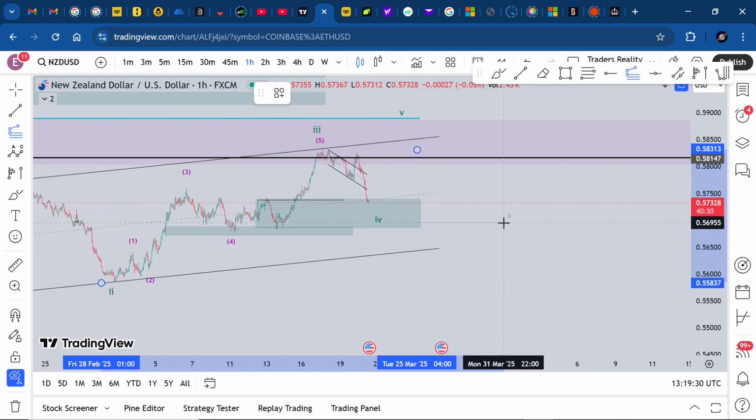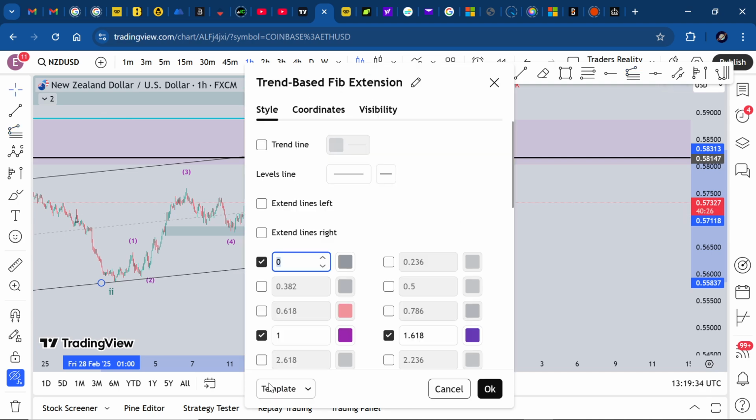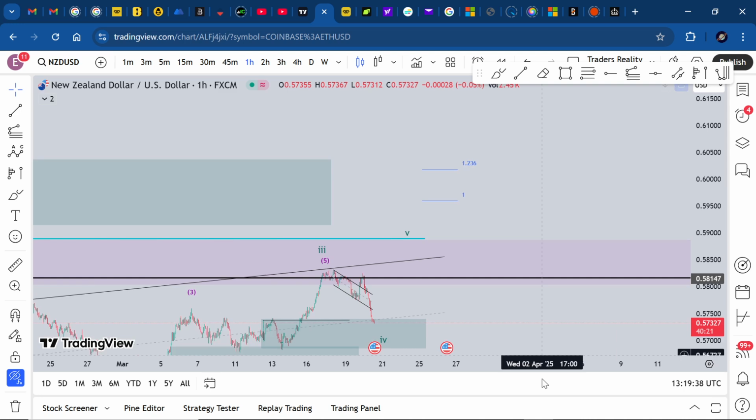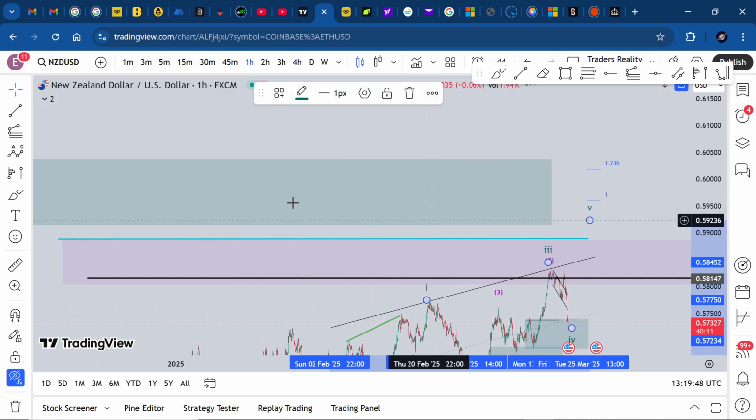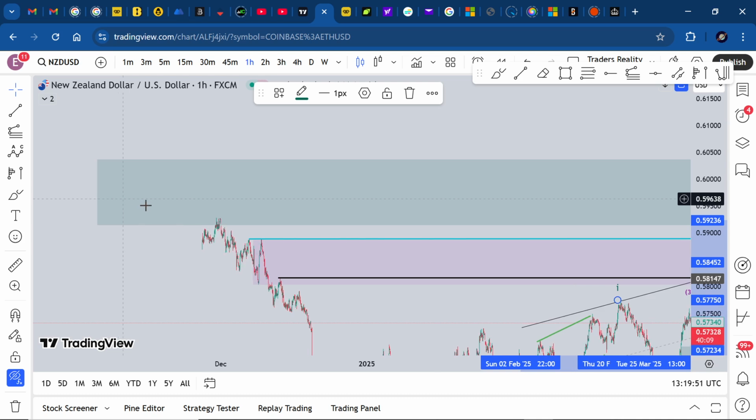Let's say it just lands here, somewhere in the middle of this box. Pull out the 1 to 1. Now, the 5th wave cannot touch the 1 to 1. It needs to end below the 1 to 1 if it's a diag, which lines up perfectly with our supply zone over here.